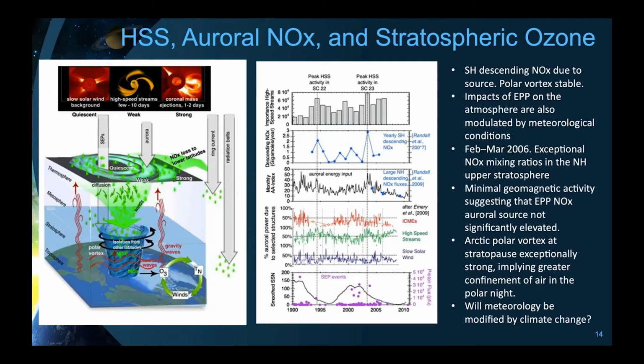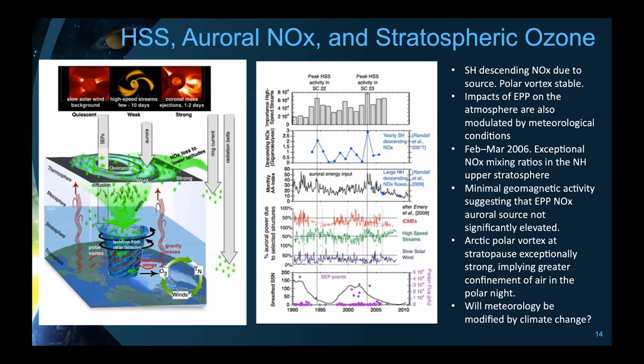If you have a modest kind of auroral activity like you would in a high-speed stream, then the auroral oval is much smaller, and the NOx gets deposited into the area where it can easily be drawn down into the polar vortex. So the amount of NOx you get is related more to a moderate sized storm, because then most of the NOx goes into the polar vortex.